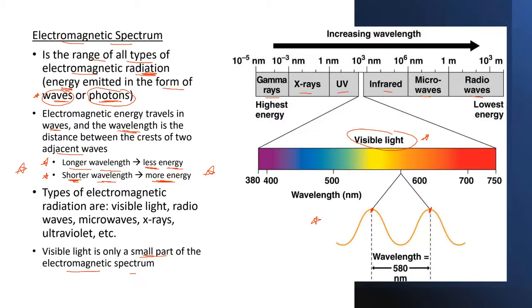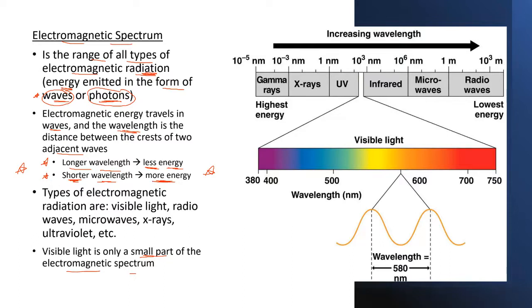Now let me switch to a different color to follow a different thought. I'm going to stay on this, but I want to show you something, and again it has to do with longer wavelengths having less energy and shorter wavelengths having more energy. Let's switch colors here to something like green, since we're doing plants.